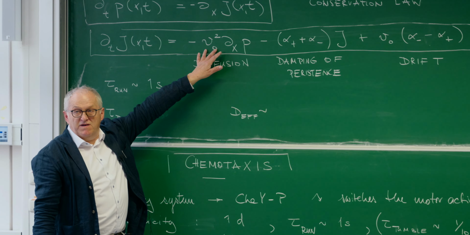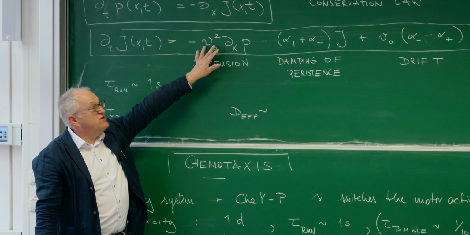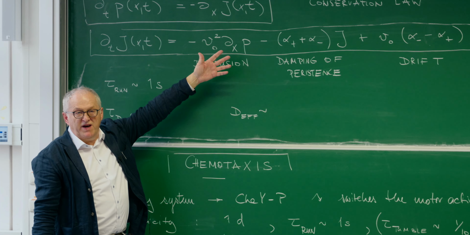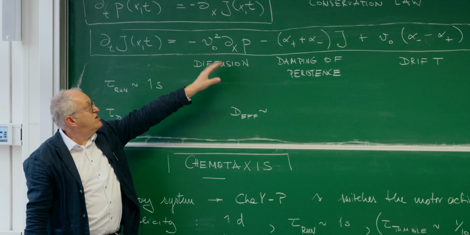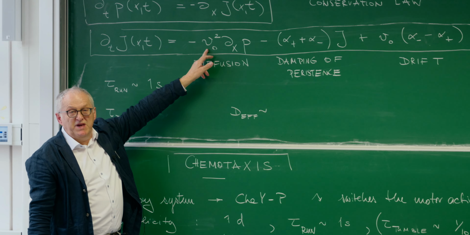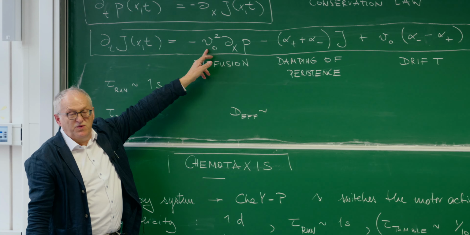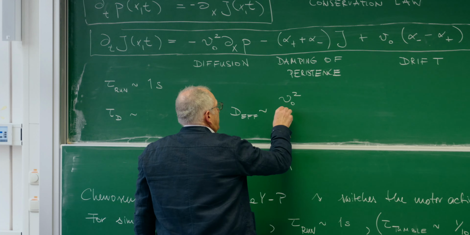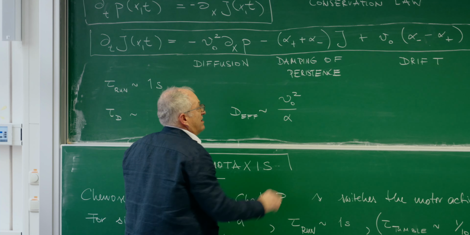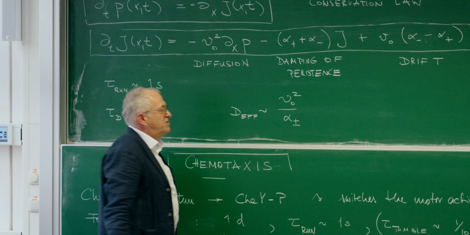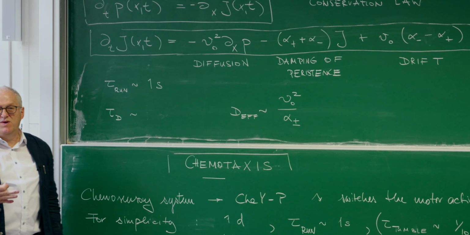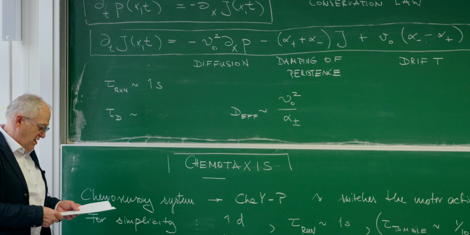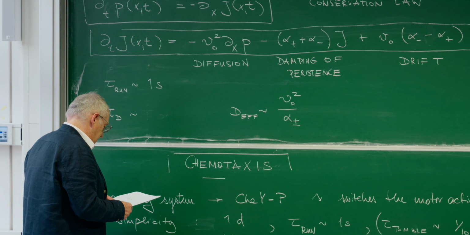So this is Fick's law. So the diffusion coefficient will be proportional to the velocity squared. And to make things right, there needs to be a time scale, because diffusion coefficients are meter squared per second. So you need another time scale, and you can just estimate that this will be scaling as the velocity squared divided by the tumbling rate, and then you have the right units of meter squared per second.